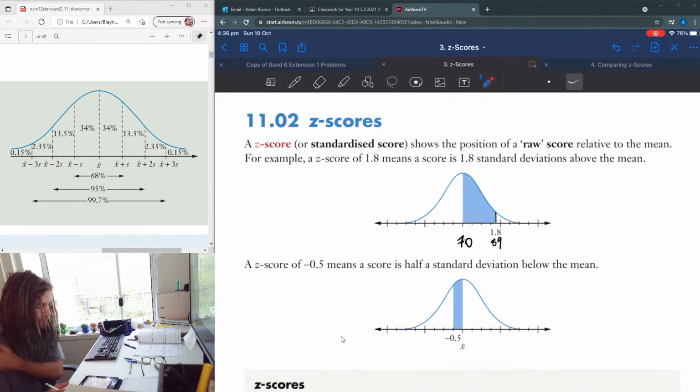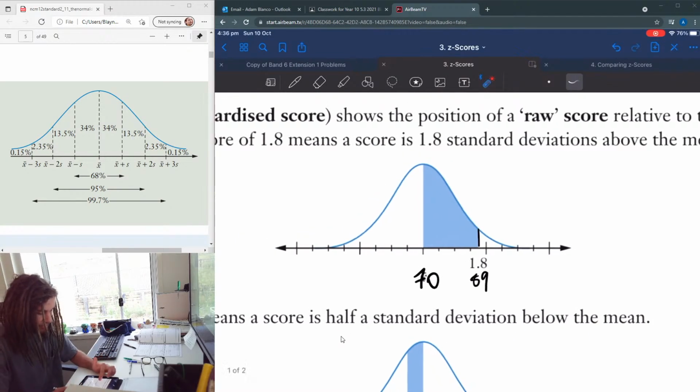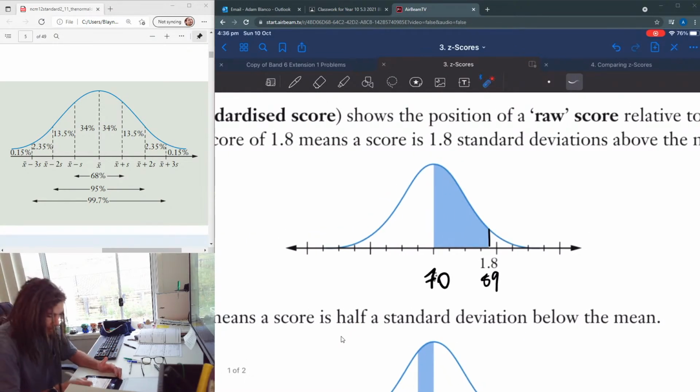So it's a way of comparing all of our scores. And the way we compare it is with a Z-score, and our Z-score is the number of standard deviations away we are. So let's suppose, not a nice number, but let's suppose our standard deviation is 5, maybe. Then a score of 75 would be 1 standard deviation away, which means my Z-score would be 1.